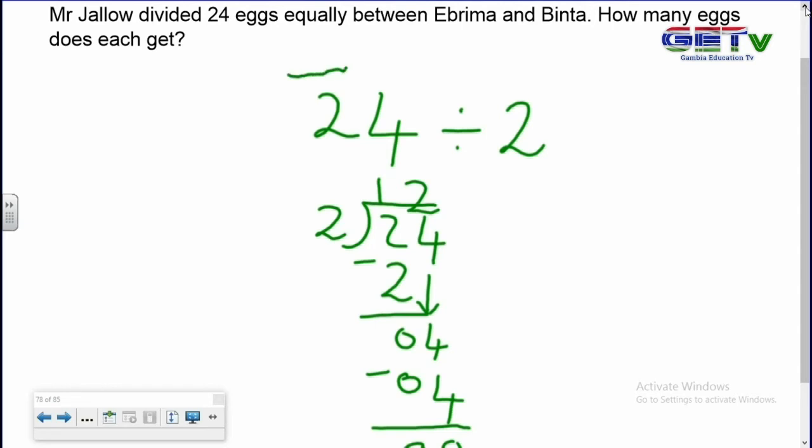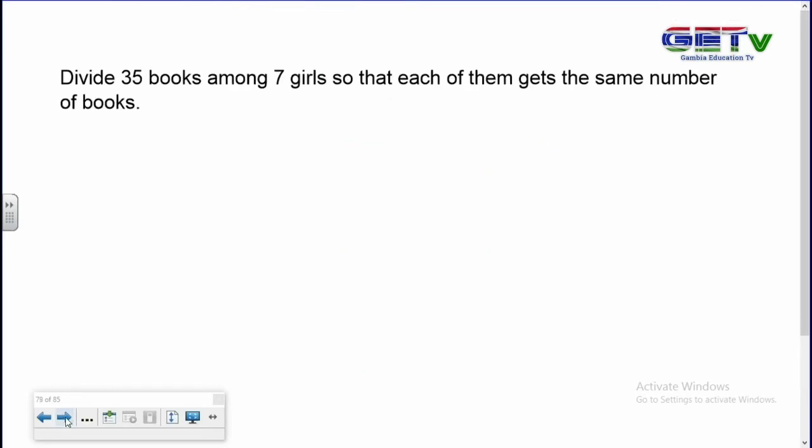Divide 35 books among 7 girls, so that each of them gets the same number of books. 35 divided by 7.